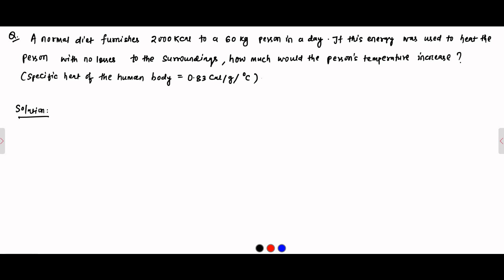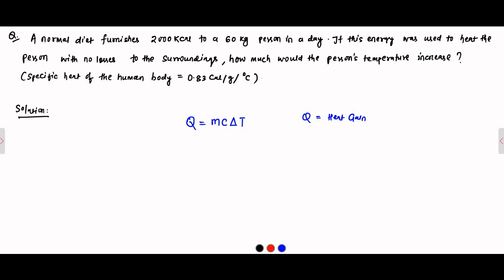Q is equal to mc delta T, where Q is heat loss or gain. Here it is gain, because the entire energy is gained by the human body. Okay, so here it is heat gain, or the energy which is used up.